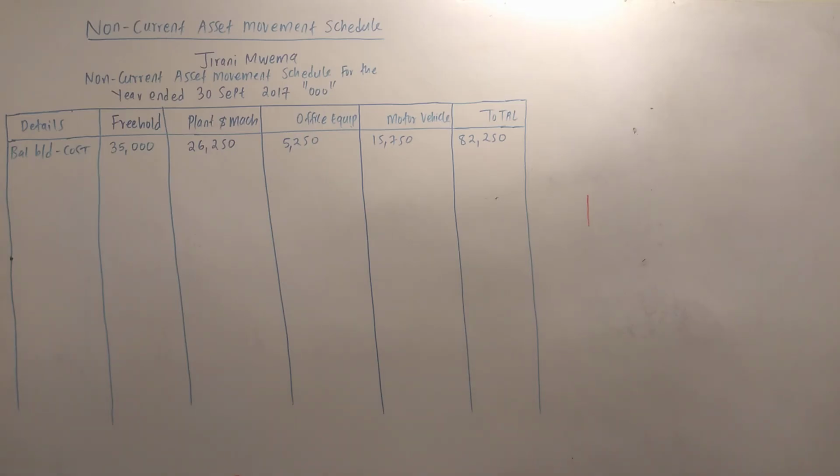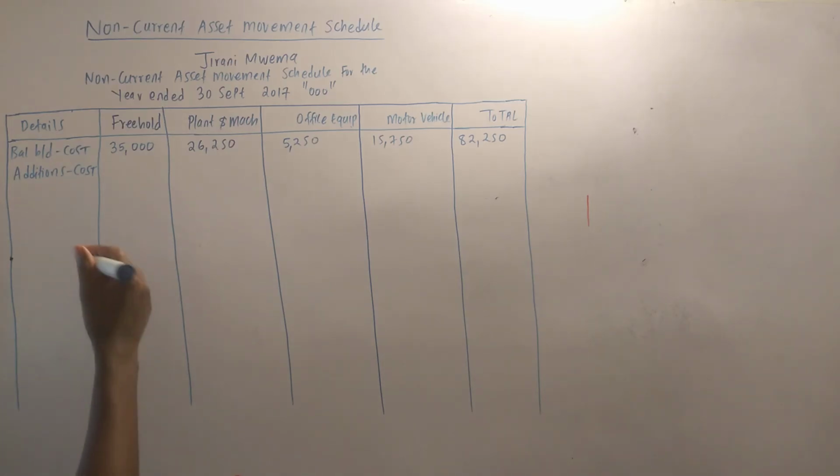Then you go to the second part. You check if there was any addition or acquisitions. Also on cost, so any addition you insert on cost. The following assets were acquired during the year ended 30th September 2017. We have machinery at 3,500.